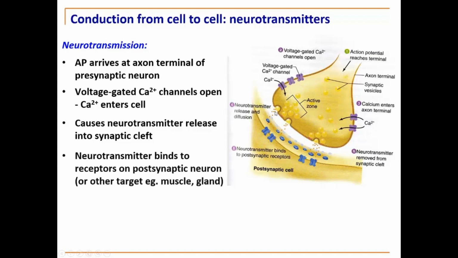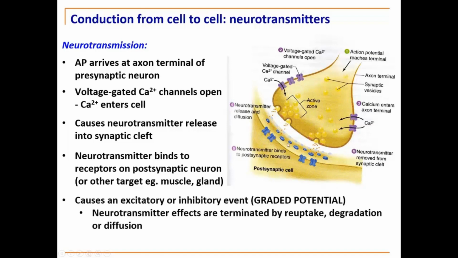The neurotransmitter now binds to receptors on the postsynaptic neuron, whatever that might be. It might be another neuron, it might be a muscle, it might be a gland. Depending on what the neurotransmitter is, it either causes an excitatory event, if it's a stimulating receptor and a stimulating neurotransmitter, or an inhibitory event, if it's an inhibitory neurotransmitter.